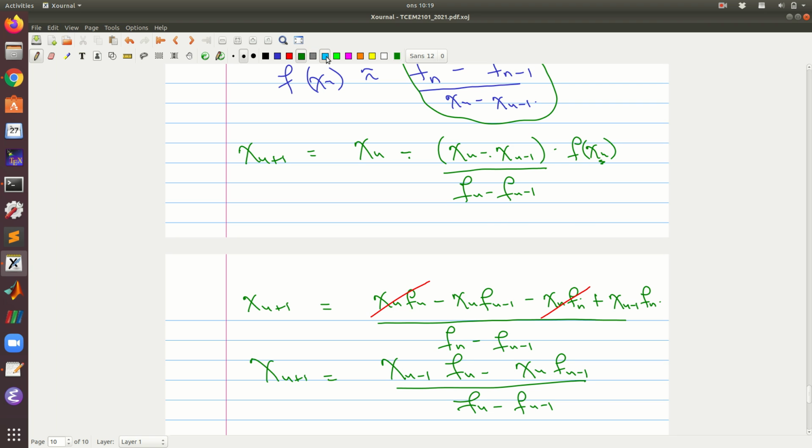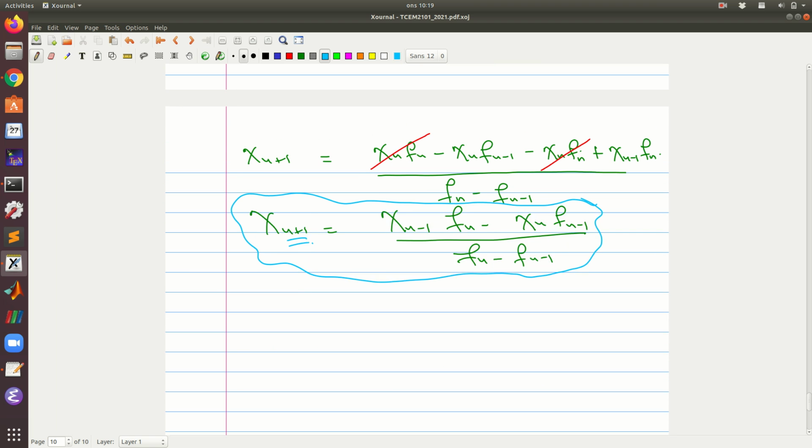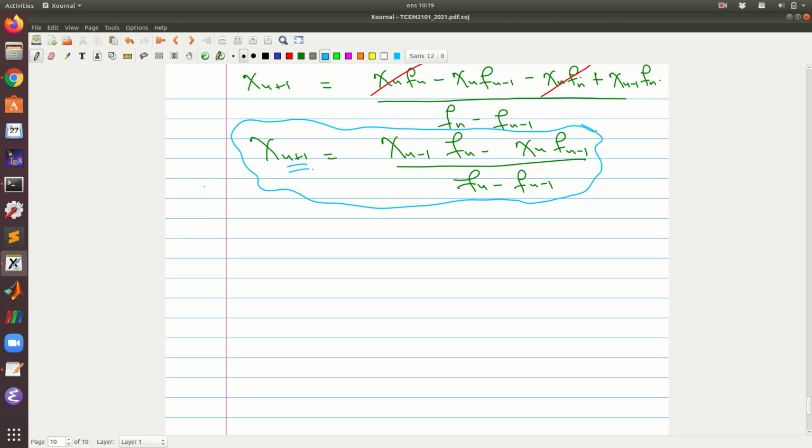So this is the expression we are going to use to find the next approximation to the root, i.e. xn plus 1. We see that we have eliminated the need to compute the derivative. We simply need the function values.